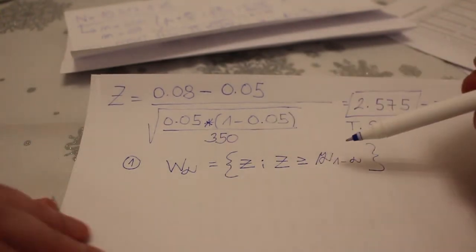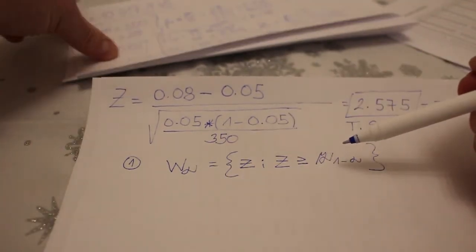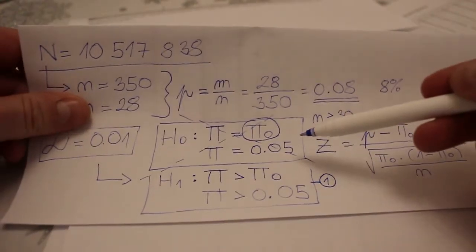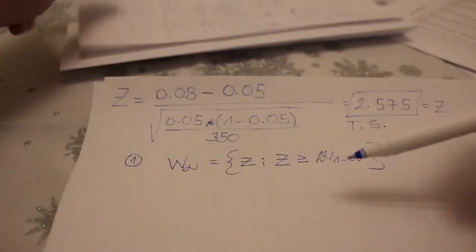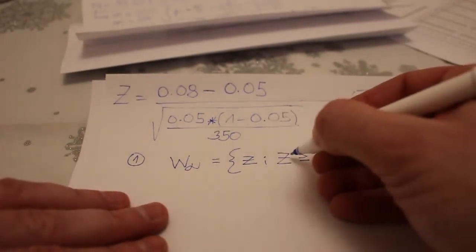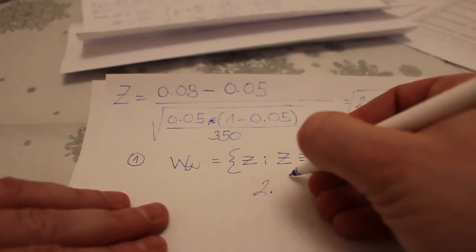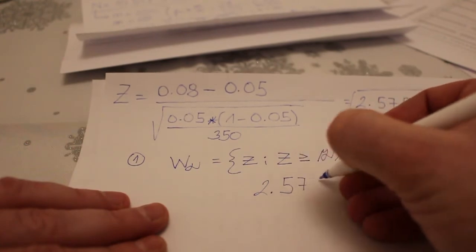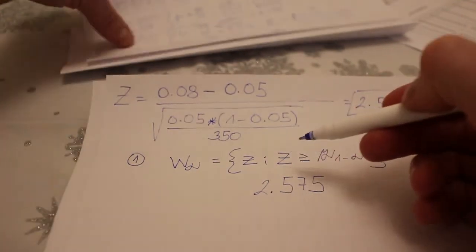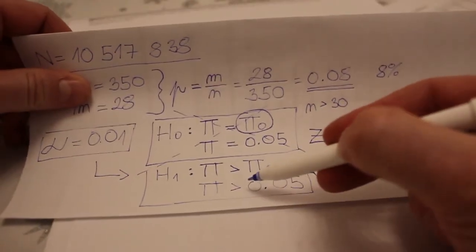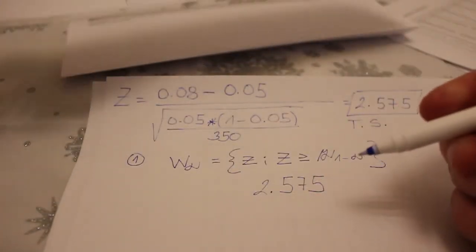We entered the rejection region and we can reject the zero hypothesis. Your boss will be probably happy. So our statistic Z is 2.575. This is a one-sided alternative, therefore there is no absolute value.